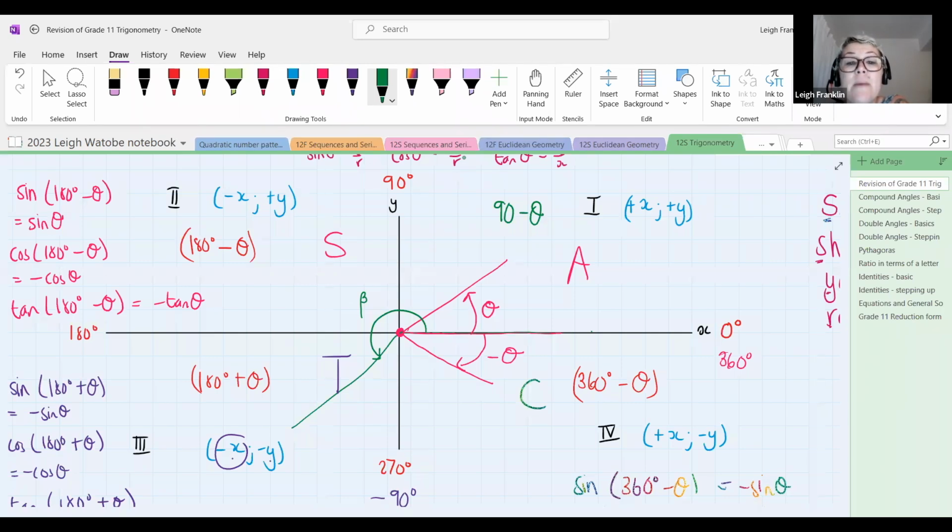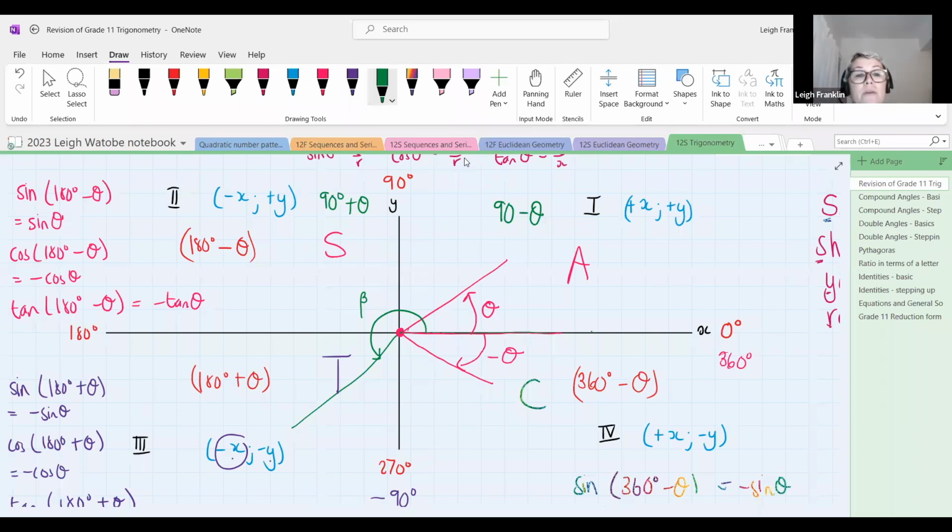So 90 minus theta is another way for us to describe the size of an angle in the first quadrant. Another way for us to describe the size of an angle in the second quadrant is to go 90 degrees plus theta. So here our terminal arm has gone up to 90 and then it's gone plus theta degrees so that it ends up being in the second quadrant.